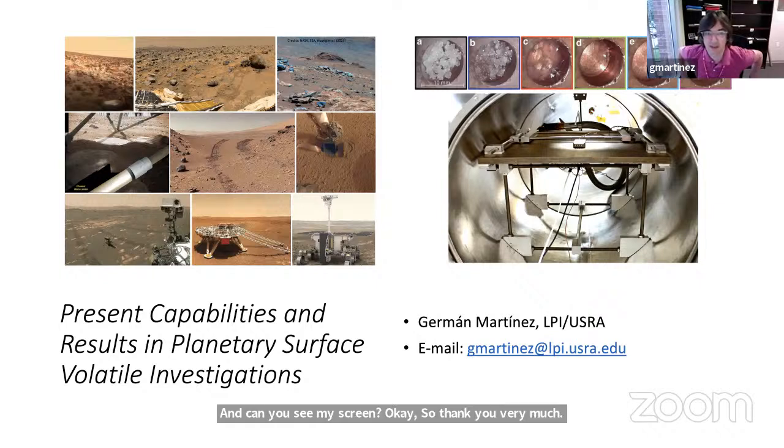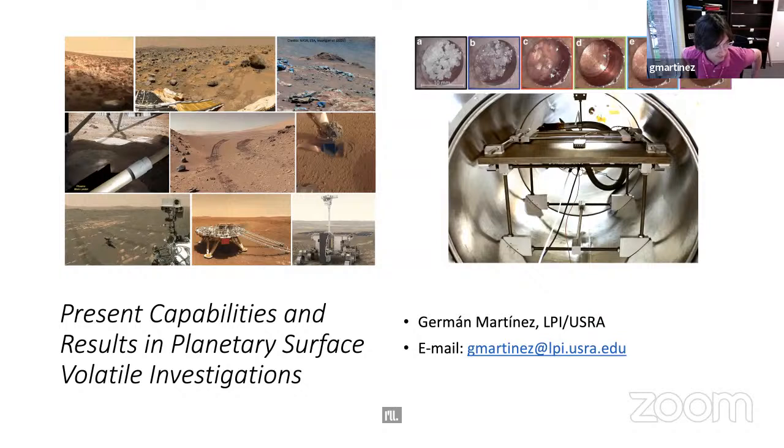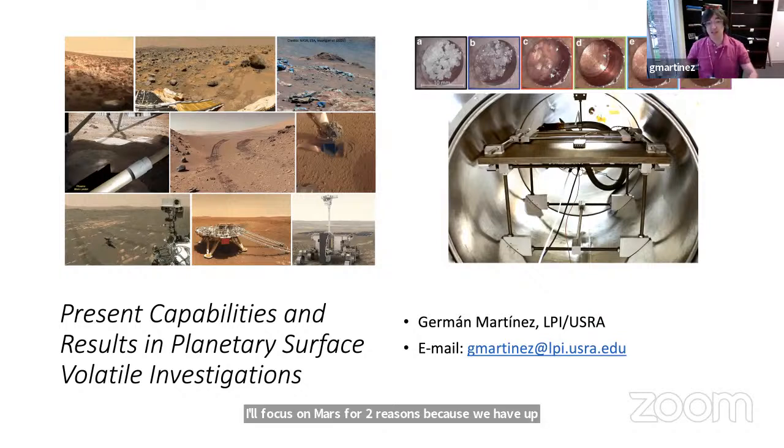This is Germán Martínez from the Lunar and Planetary Institute. First of all, I want to thank the organizers, and I want to thank the audience for being there. The title of my presentation is Present Capabilities and Results in Planetary Surface Volatile Investigations. But similarly to what Claire did, I'll focus on Mars for 2 reasons: because we have many data sets and missions, and also because this talk is supposed to complement the one that Edgar Rivera-Valentin and Kats Williams gave before.